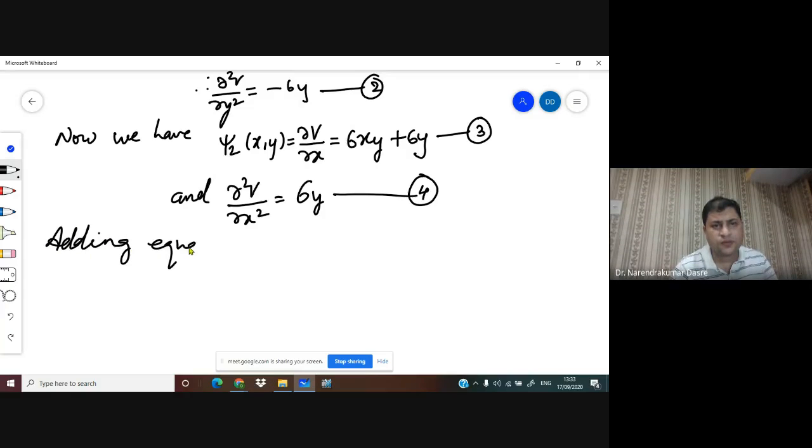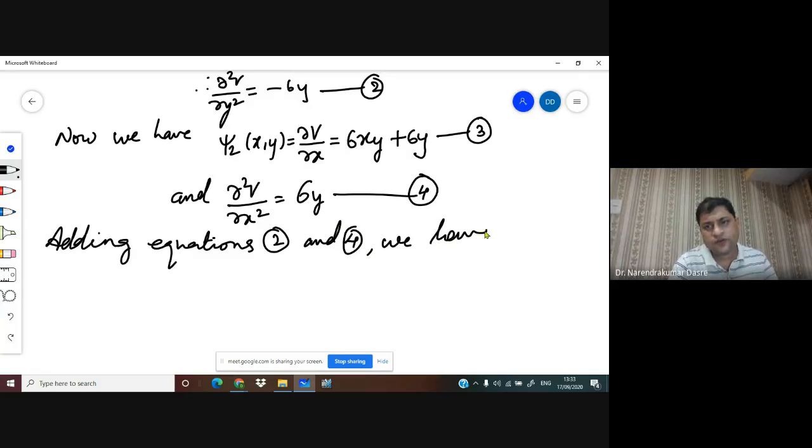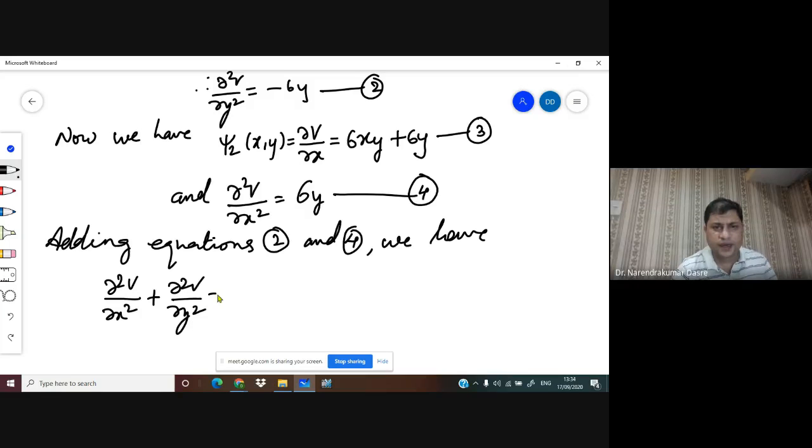Adding equations 2 and 4, we get dabba square v by dabba x square plus dabba square v by dabba y square, which is 6y minus 6y. That is going to be 0.